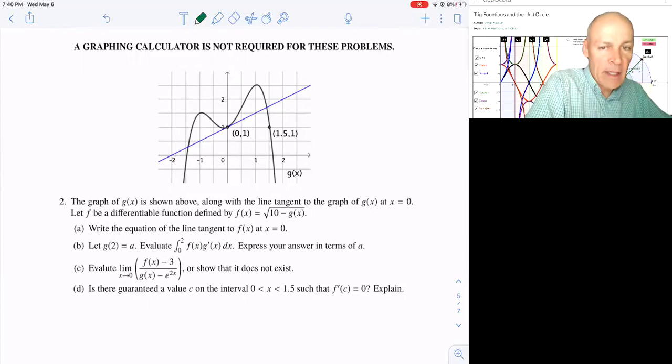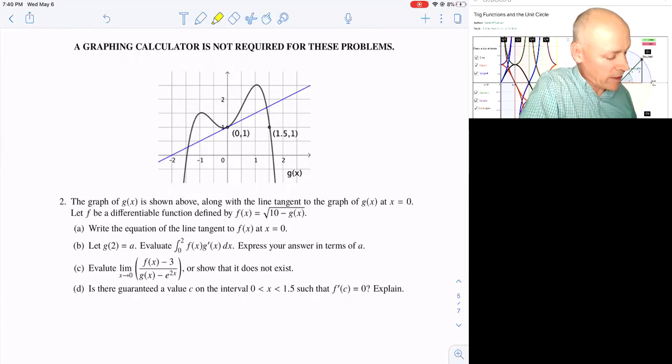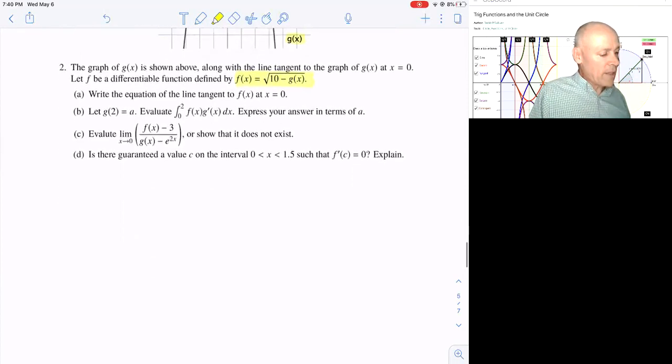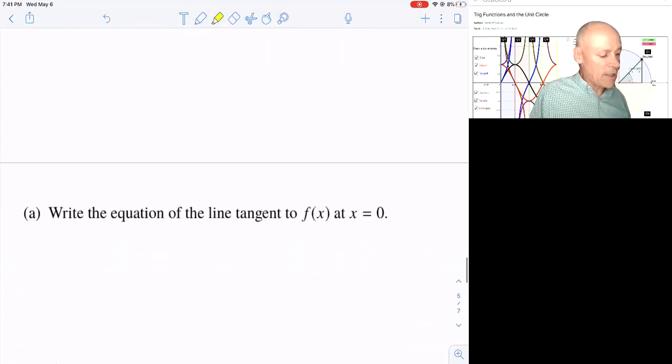Let f be a differentiable function defined by, so they're giving us the graph of g(x), but now here's another function, f(x), that is equal to root of 10 minus g(x). Okay. All right, part A, write the equation of the line tangent to f(x) at x equals 0.